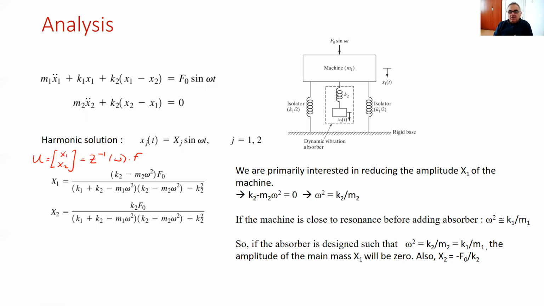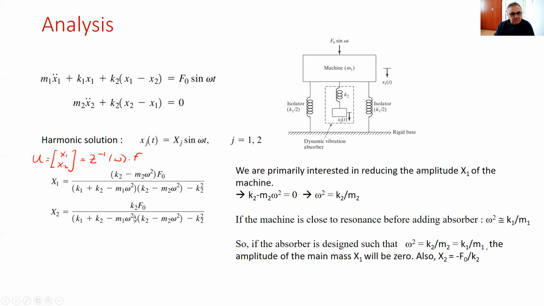at least. And the main mass vibration, as you see, is going to be F0 over K2, okay? Which is, as you see in this equation, K2 F0 divided by K2 squared, where this K2 minus M2 omega squared term becomes a 0.